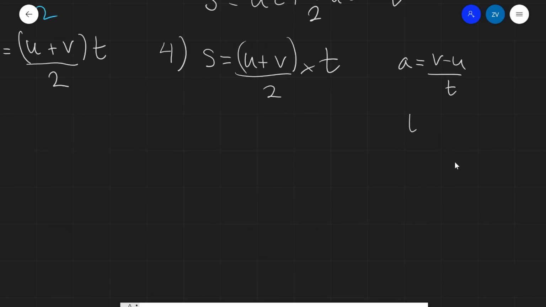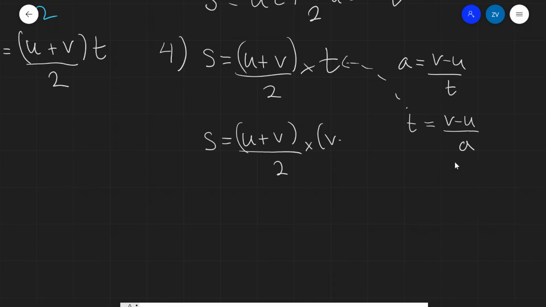So t is equal to (v minus u) divided by a. Now I'm going to substitute that back into this equation, and then we get that s is equal to (u plus v) over 2. Now rather than t, I'm going to write (v minus u) over a.